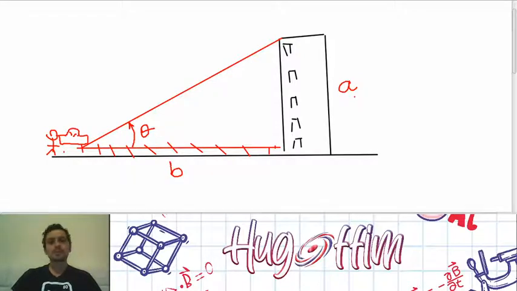Something pretty interesting about this angle is that we can have infinitely many similar triangles with this angle theta.